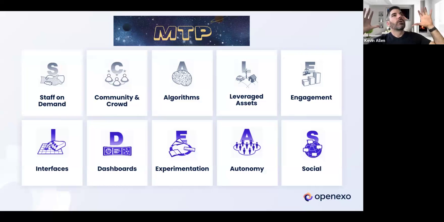And the exponential organizations model, which was obviously put together by Salim and a number of early community members, really was asking, how do we ensure that organizations are equipped to leverage exponential technologies, and how can organizations scale at that same pace as we've seen with many exponential technologies?